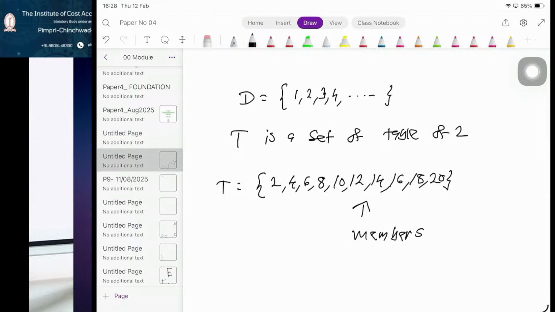So what is a set? The set is a collection. हे जे सगळं एकत्र आलं त्याला म्हणतात collection. Collection of well defined. Well defined या शब्दाचा अर्थ, it means that whatever you have mentioned here is a proper member of that particular set. Suppose I have said T is a set of even numbers, and if I write 13 or 11 instead of 12, that is an odd number in the even set.